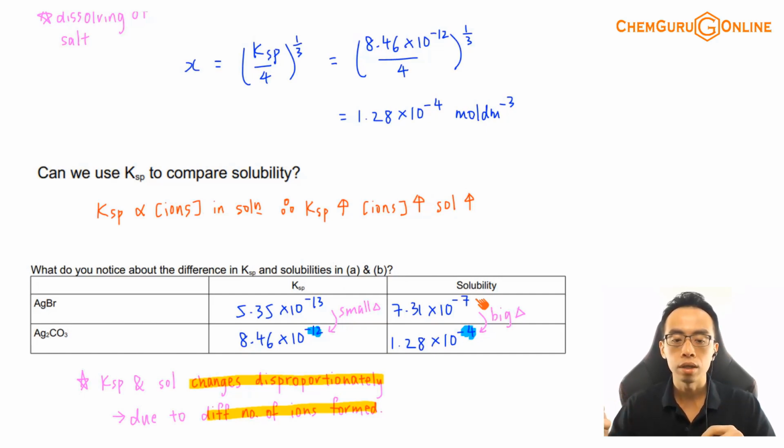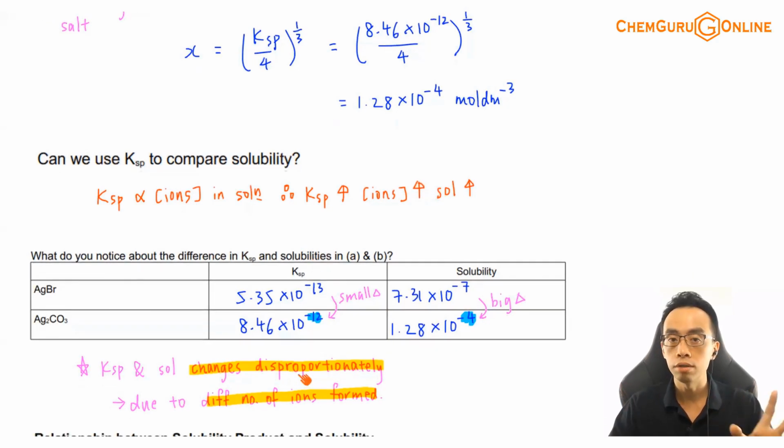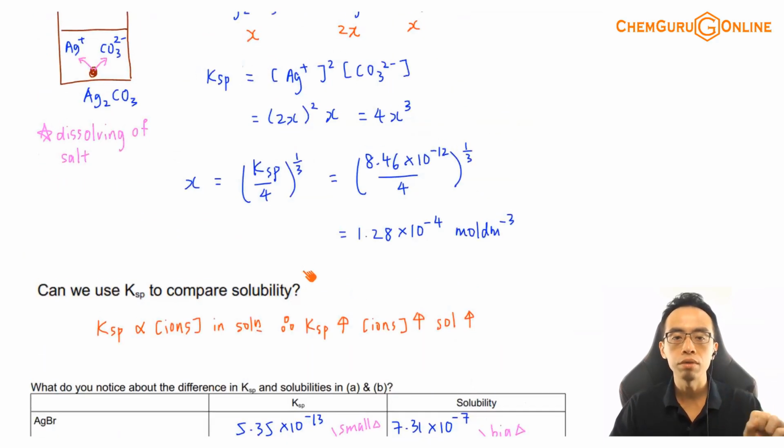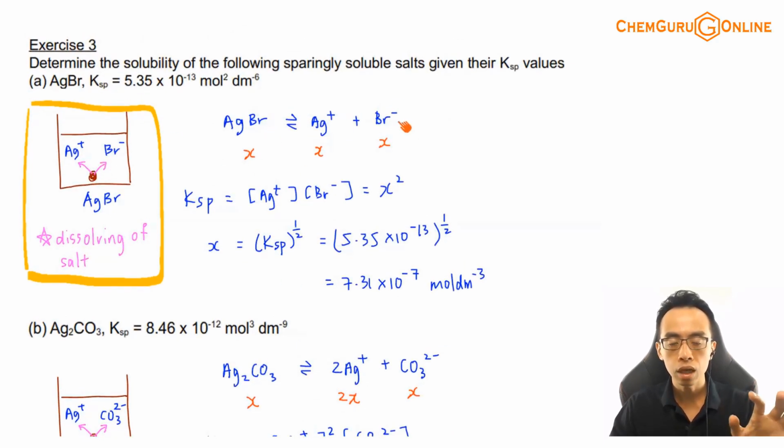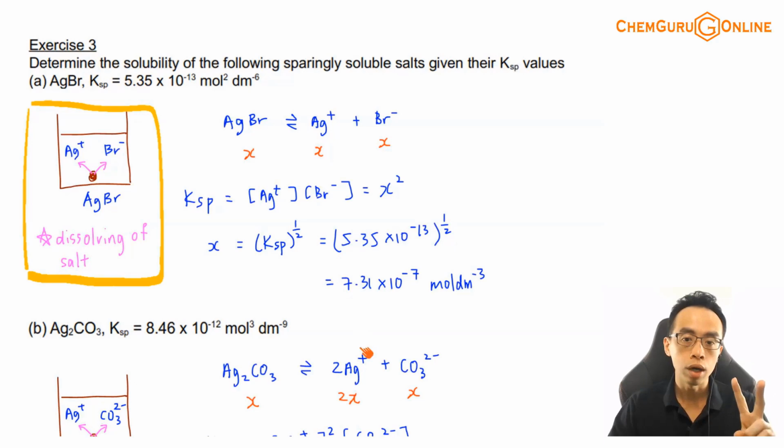The reason why there is a disproportionate change is because the number of ions dissociated is different. When we refer back to the previous exercise, when we do the calculation, it's actually very obvious. Involving AgBr, how many ions do I dissociate? I get 2 ions. So how do I convert KSP to solubility? I have a square root, power 1 over 2, if it is 2 ions in solution.